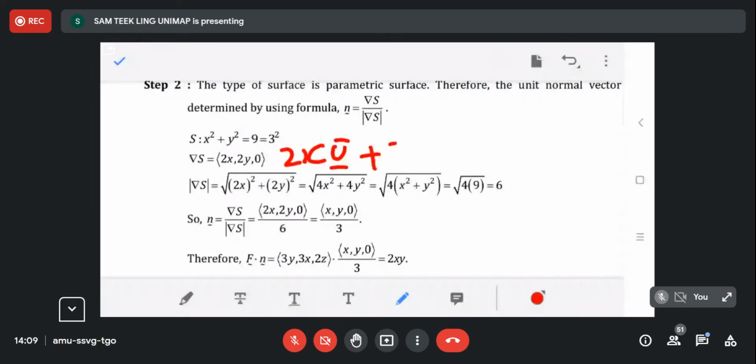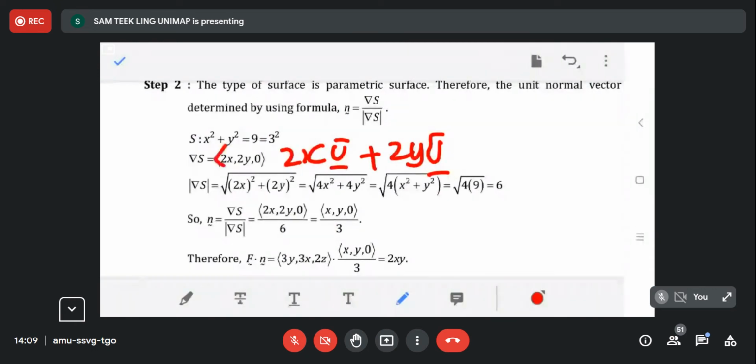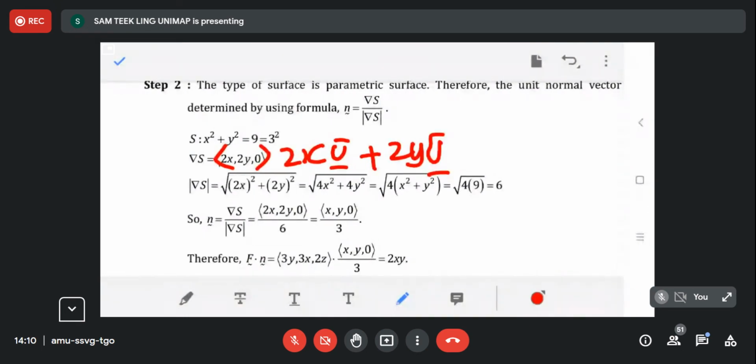2xi, 2yj. So no need k. You can write in this form or in this form. So depends which one. These two sets, you write in ijk or you directly use the bracket. That one is no problem.